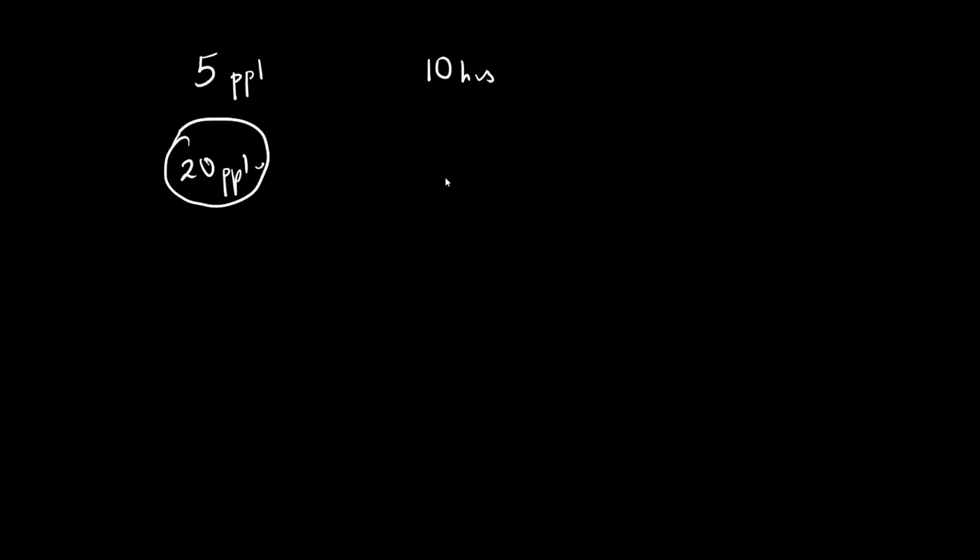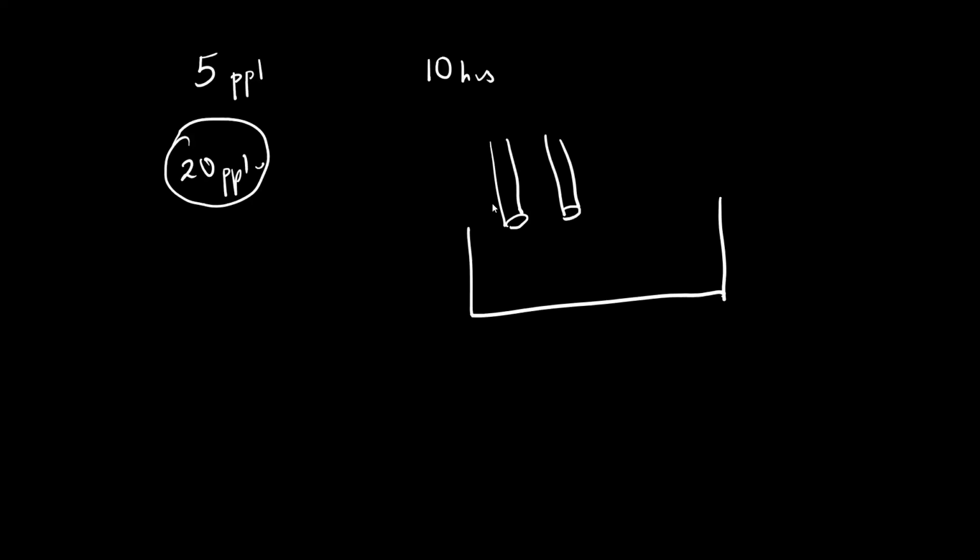Number of pipes in a small size to fill a tank and the time taken by them to fill the tank. Let us say this is the tank. Right now, I'm putting only two pipes to fill this tank. And when two pipes are there, let us say it is also taking 10 hours.